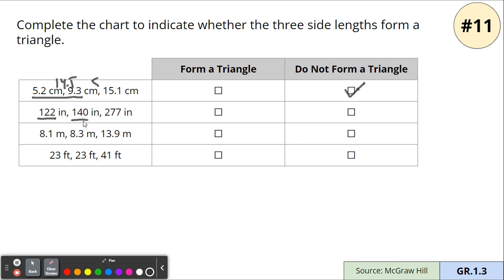Here, 122 and 140 will only give you 262, and that is less than 277. They do not form a triangle.